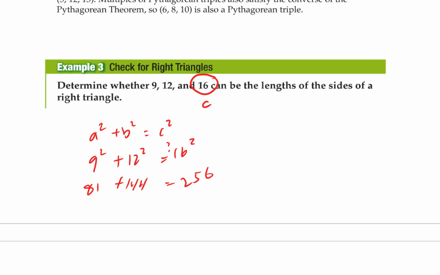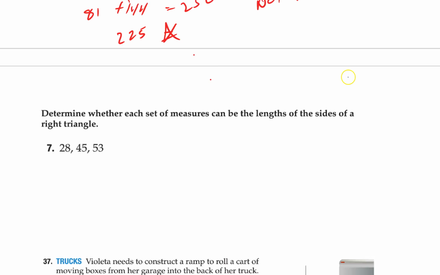I add that, I get 225. That does not equal 256, so not a right triangle. And it's that simple.